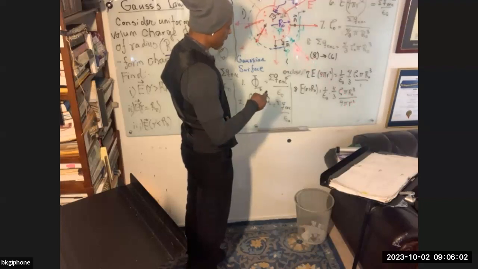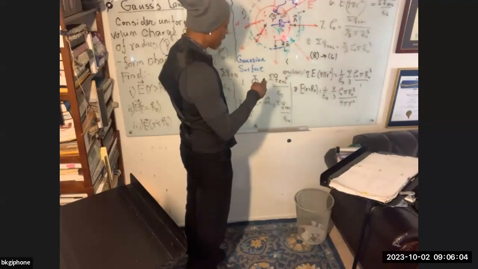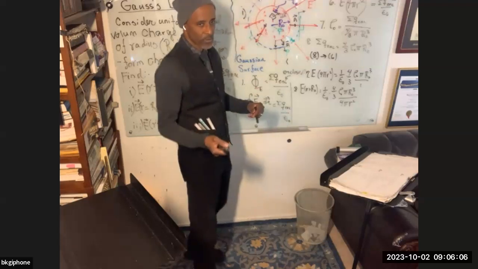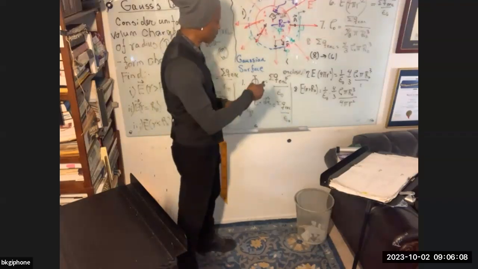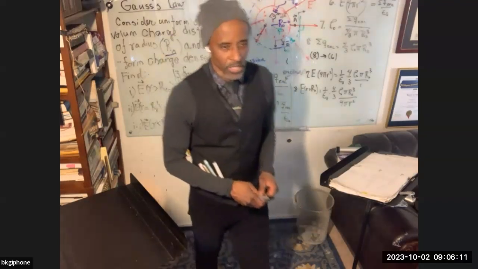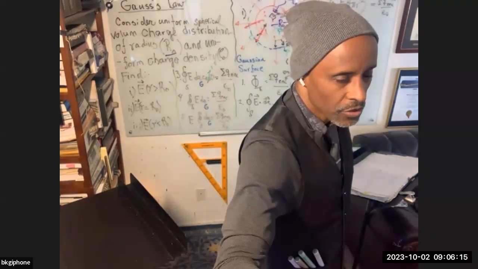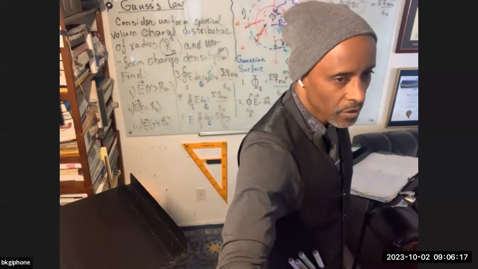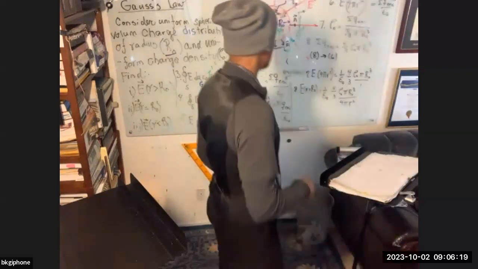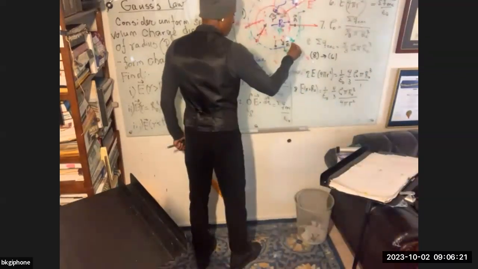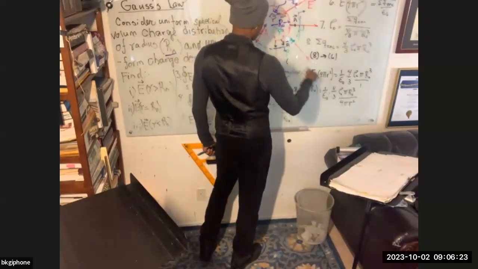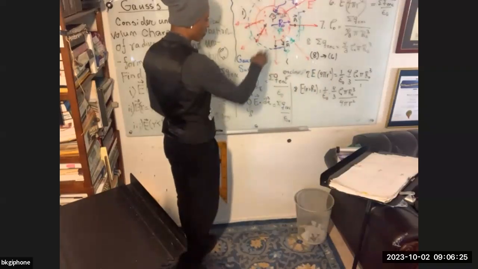It's constant for this particular problem, the same argument I was making with Coulomb's law. But in general, it varies because that's an arbitrary position. We could have been any place outside of the charge distribution, any place that's greater than r naught.